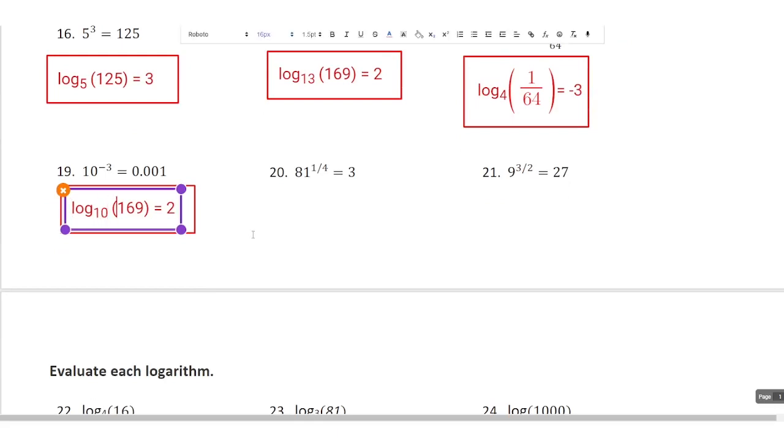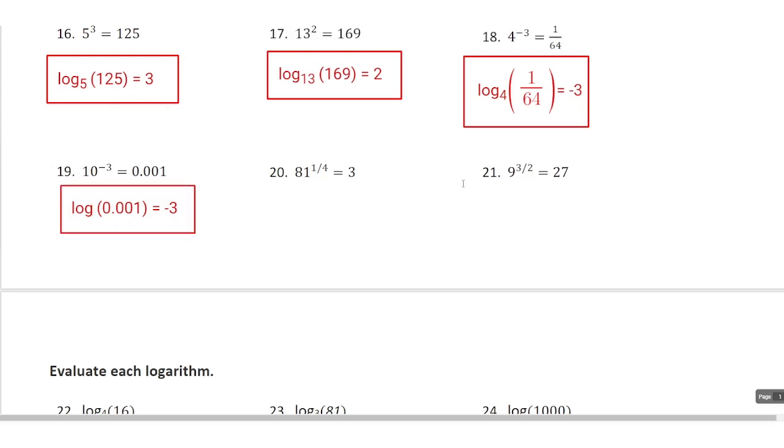Now, I would put 10 here, and I'm just going to put that here temporarily, but you'll see what will happen. If you have a base of 10, that is considered your common base. And so you don't typically write 10 there. You're going to just actually write nothing. So if you do not see a base written here, it is assumed to be 10. And so you're safe to just write log of 1,000th equals negative 3, and then we can assume the base to be 10.